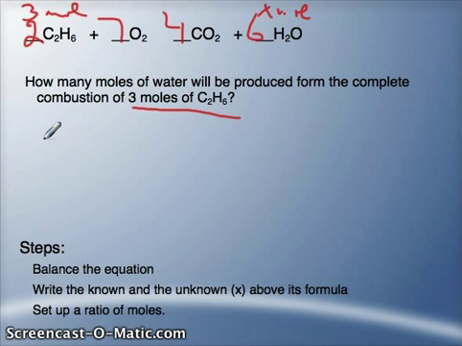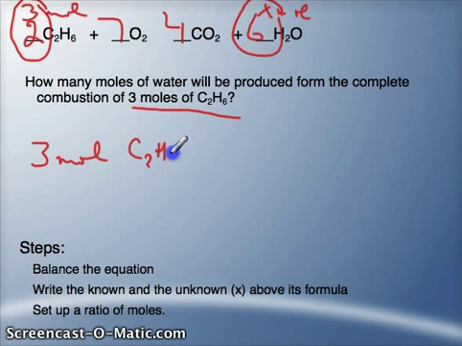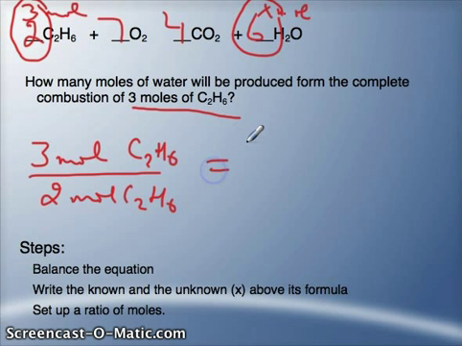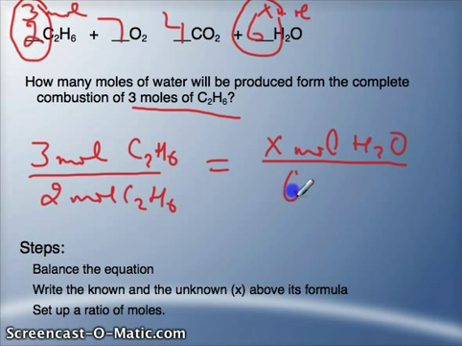If you're talking about a mole ratio, here are the ratios that you're going to have. 3 over 2 equals X over 6. So you can say 3 moles of C2H6 over 2 moles of C2H6. So how many moles of water do you have if, based on the balanced chemical equation, you have 6 moles of water?